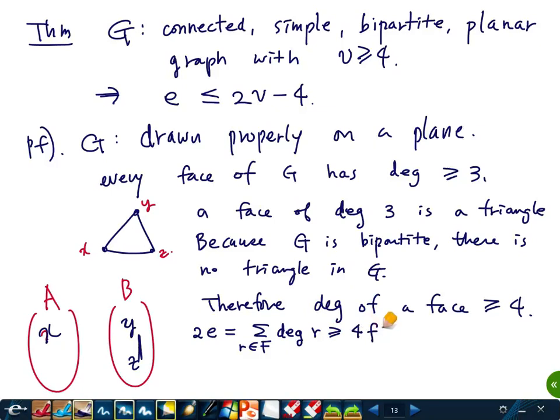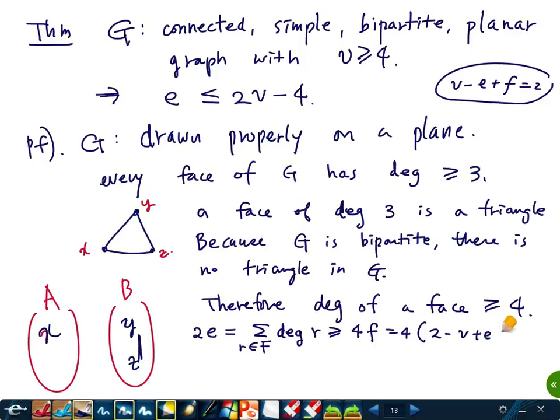But what is F? V minus E plus F equals 2, which is always true for any planar graph. So this is 4 times (2 minus V plus E). If you simplify this inequality, you will get the desired inequality. That's the end of the proof.